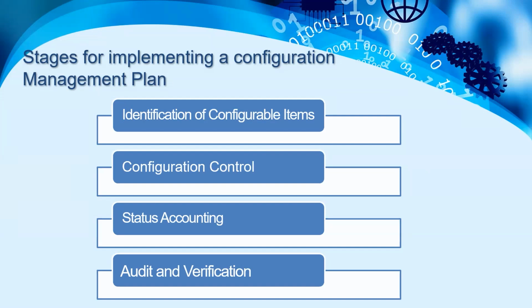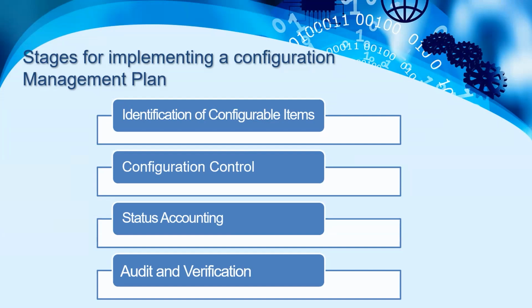Then status accounting is after you have captured it in your configuration management system, you then need to make it possible for the users or the service manager to know the status of that configuration item at every given time, maybe by way of generating reports, and all what have you. Then audit and verification.